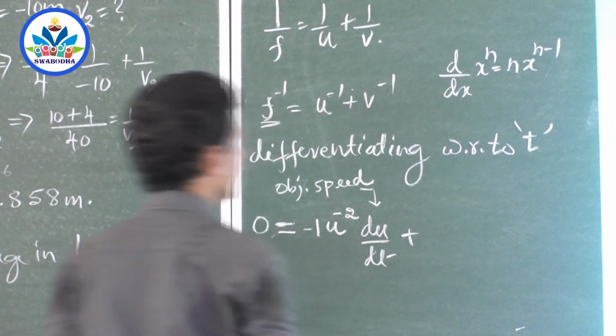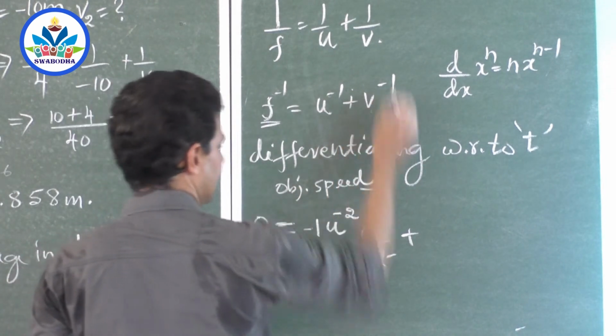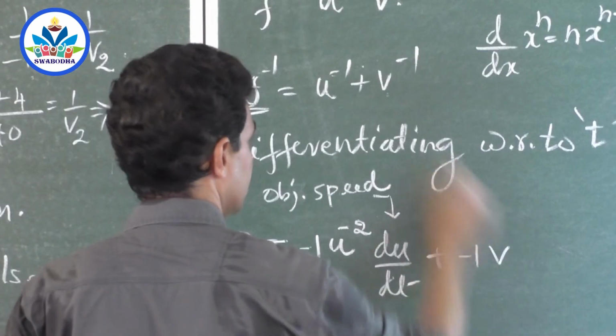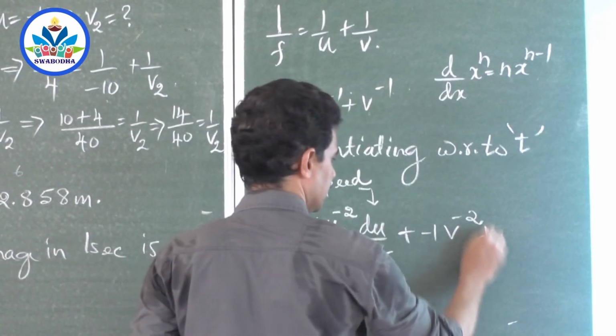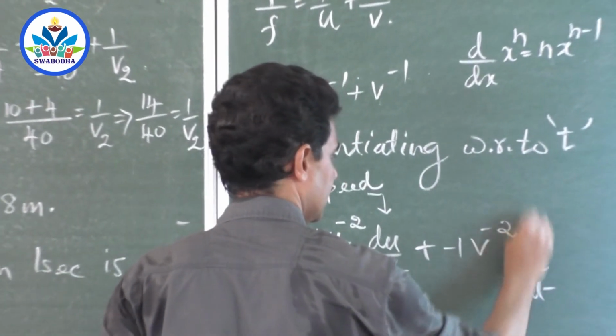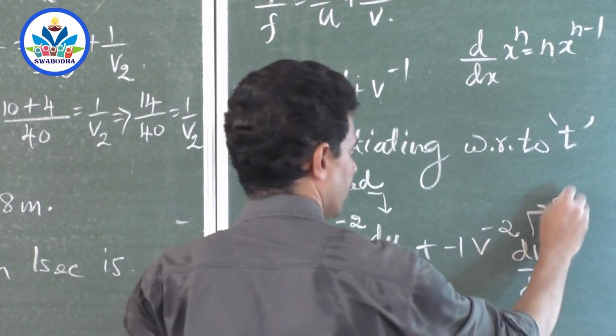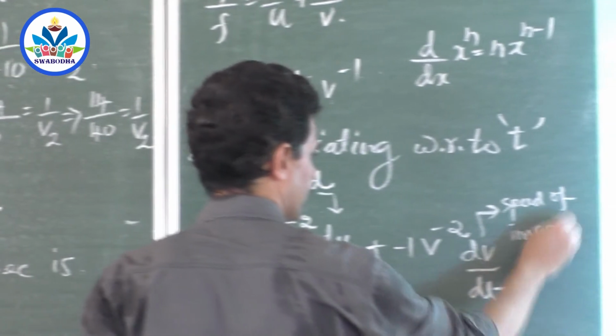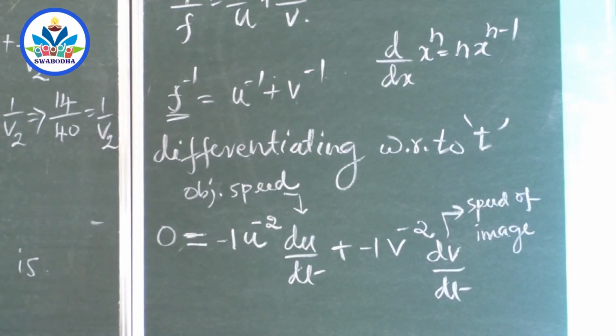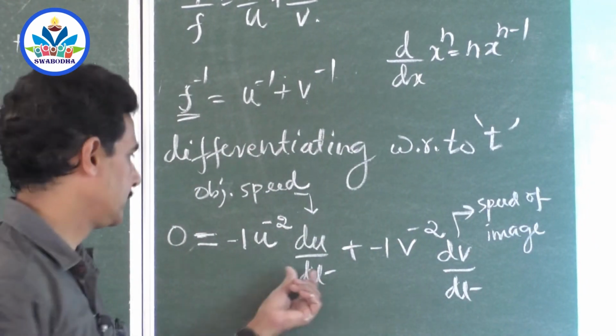Plus, you have to differentiate this one, n x to the power n minus 1 minus 2 into differentiation of v, dv by dt. What is dv by dt? This is the speed of image. Image speed I could have written. Speed of image. And this is speed of object.